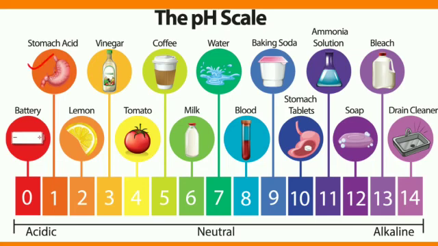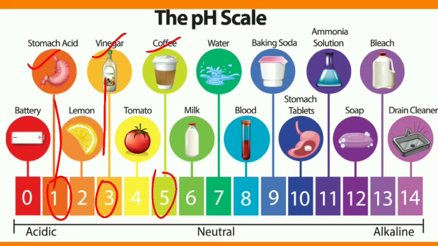As we know, our stomach contains a small amount of hydrochloric acid. Vinegar we use in the kitchen. Coffee, the pH of the coffee is 5, the pH of the vinegar is 3, the pH of the stomach is 4 or 2.